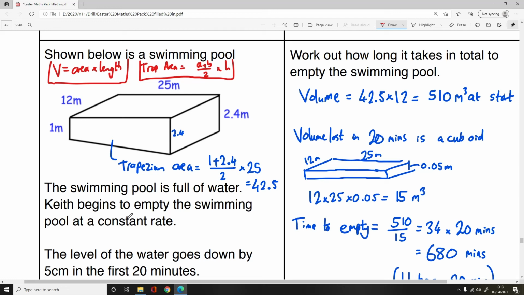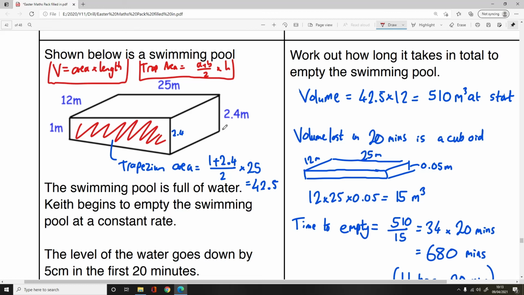So what we need to know is the volume of the pool. That's the first thing we need to know. Because it's a prism, we need to know its cross-sectional area, and we need to know its length. Its length is 12 meters. Its cross-sectional area is a trapezium. You might need to turn your head to the left to see it, but you've got your A as 1 meter, your B as 2.4, and your H as 25.